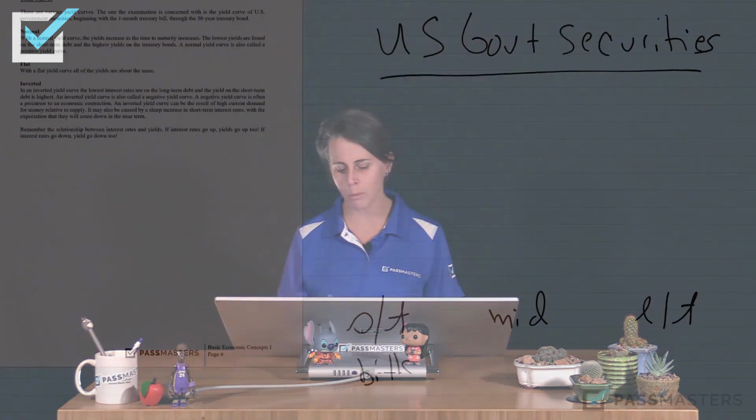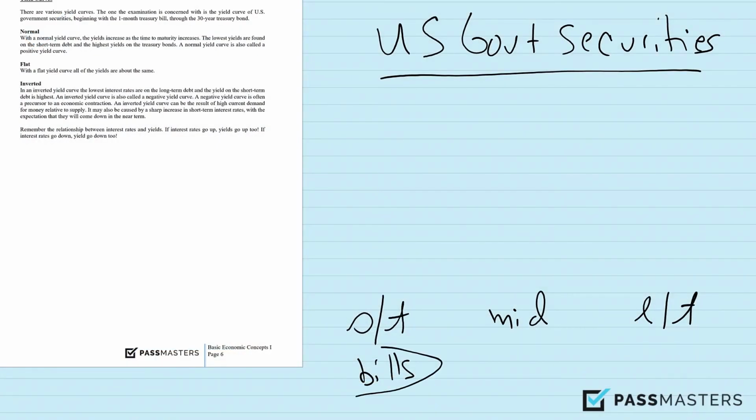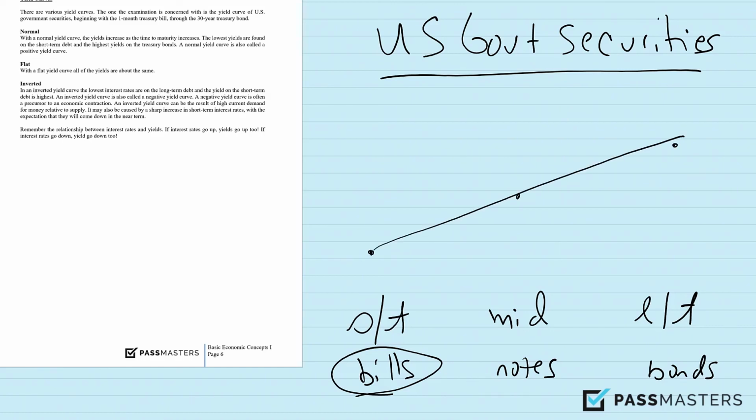So we have short-term debt, we have mid-term debt, we have long-term debt. Another way of saying this when we're talking about U.S. government securities would be treasury bills, notes, they're mid-term, and then bonds. So a normal yield curve, the lowest yield is on the short-term instrument, a little bit higher, mid-term, higher, long-term. This is positive, positive being normal.